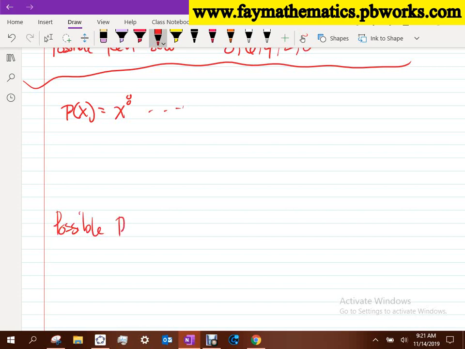Possible real zeros, based on what we just said, could be that number, or what? Can I have 7? No, because if I have 7, 2 complex numbers need to show up. They show up as pairs.